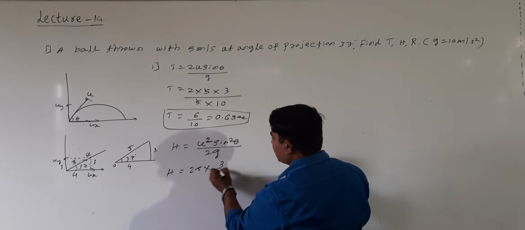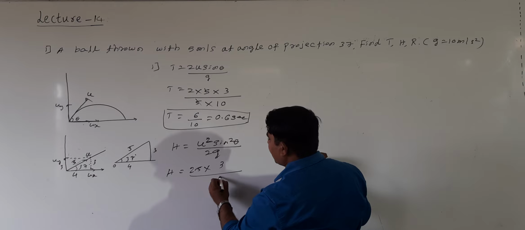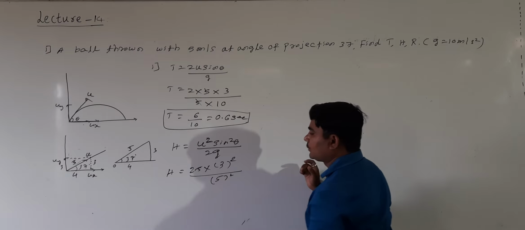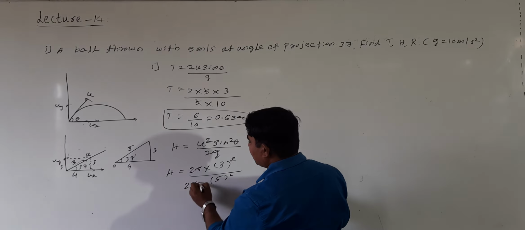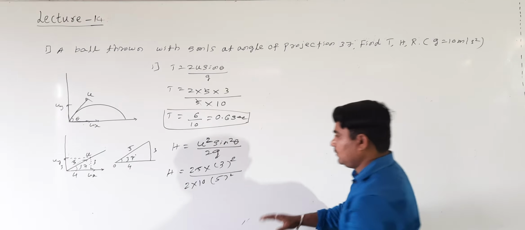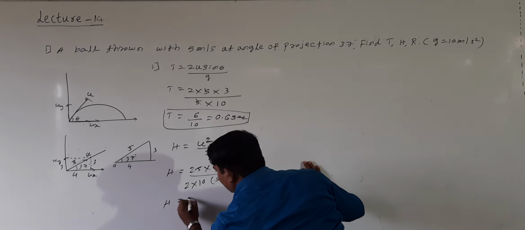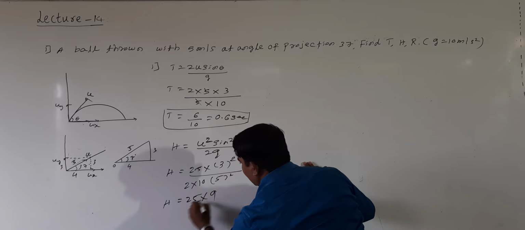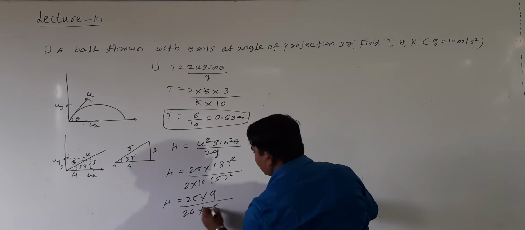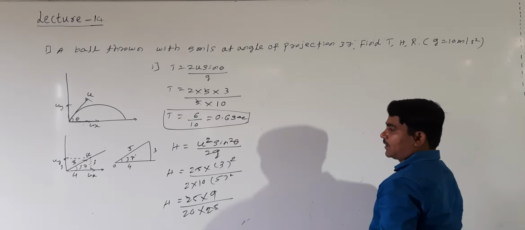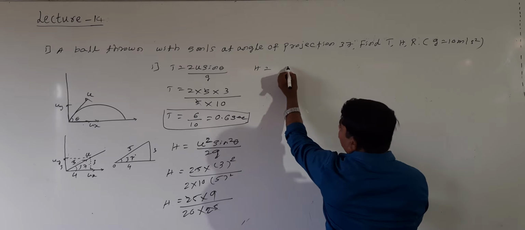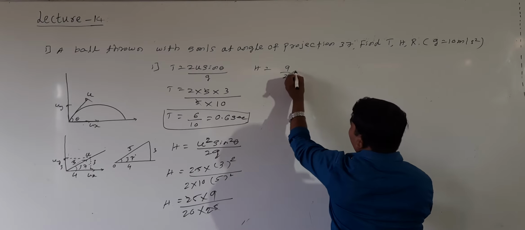Sin square is 3 square by 5 square, divided by 2g. g we can replace with 10. Simplify this. 25 into 9 divided by 20 into 25. 25 gets cancelled. Then what is the maximum height you got? Maximum height h is equal to 9 divided by 20 meter.